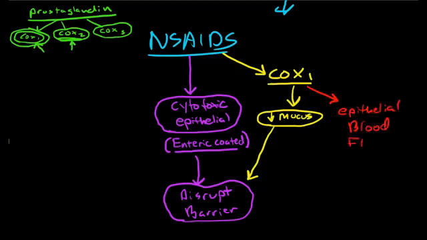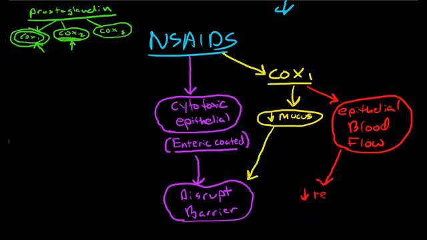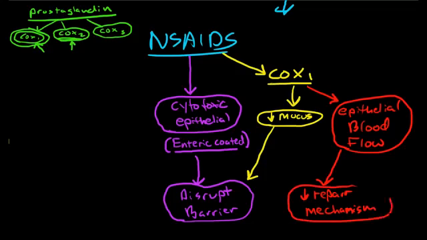Now, this is critical because this impacts the repair mechanism. It suppresses the epithelial repair mechanism. In fact, it can make it nearly non-functional because it can decrease blood flow to the stomach quite significantly.